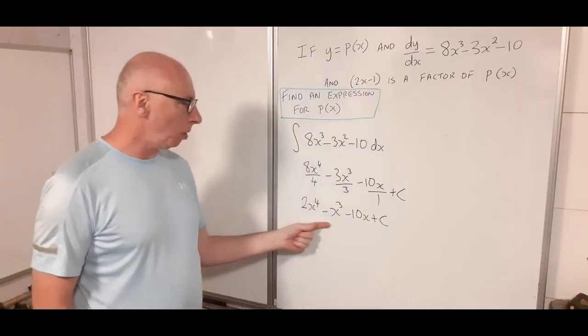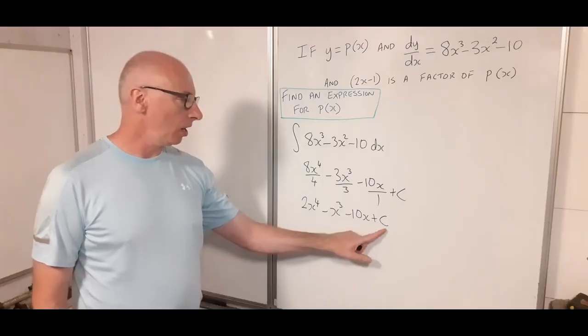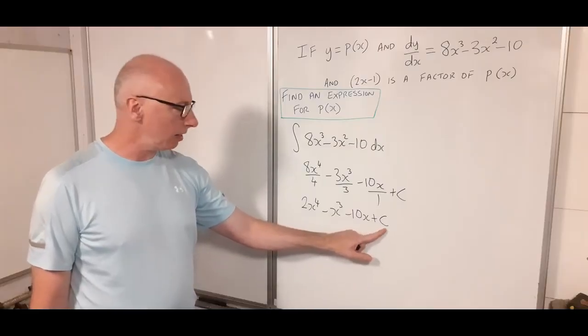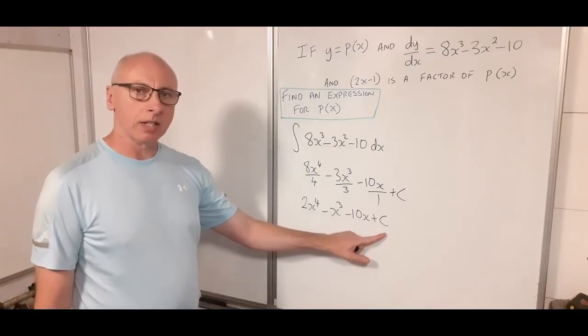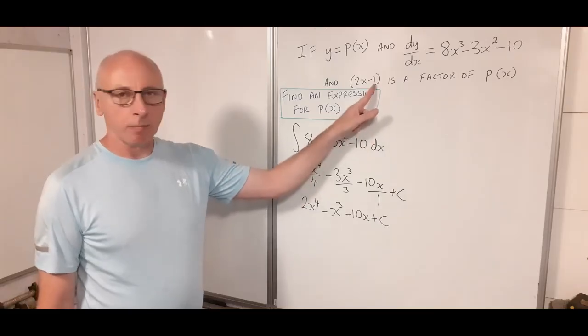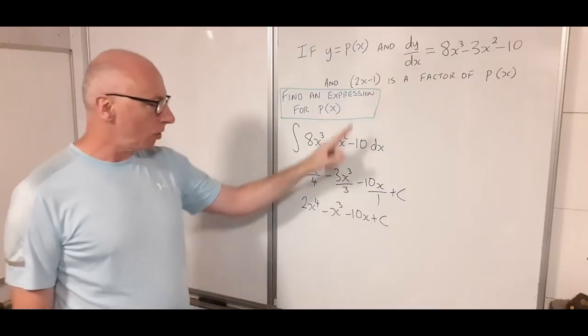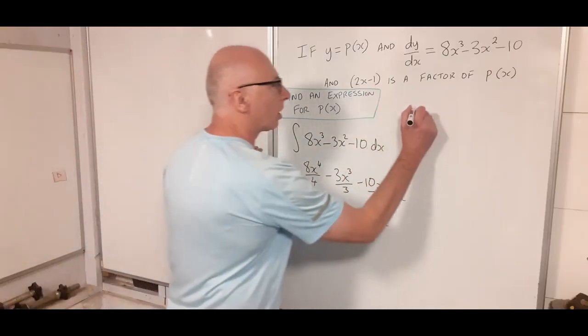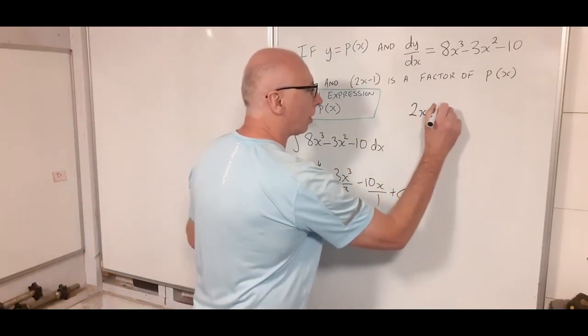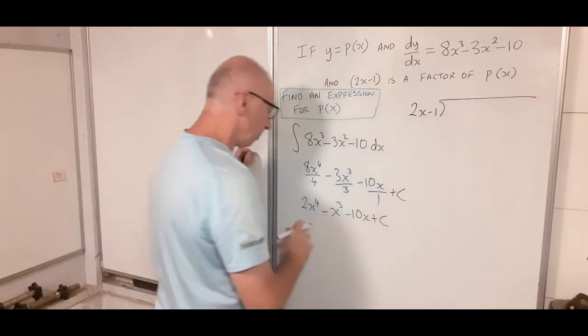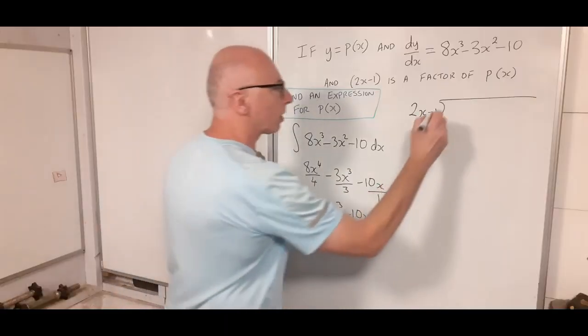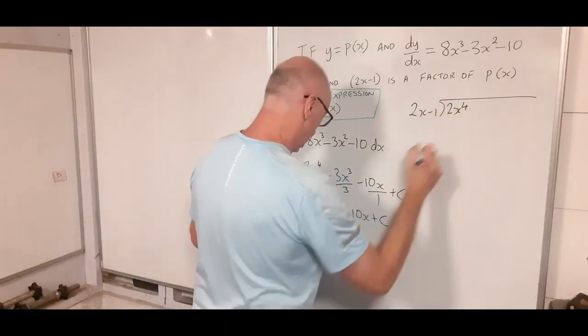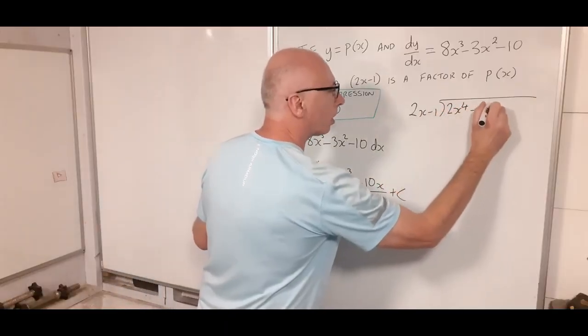So now we can do polynomial long division of this, and hopefully we'll expose what the c is. And there's a little trick at the end how we can check to make sure this is a factor of it as well. So let's set up the question. So 2x minus 1, and then divide by all of this polynomial. 2x to the 4 minus x cubed.